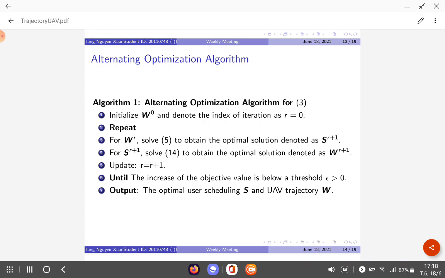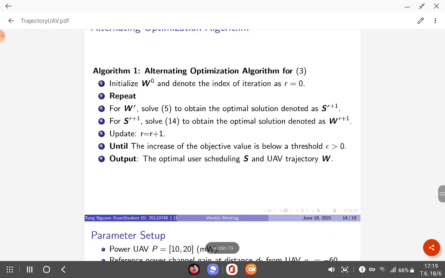Because for both subproblems I can find the optimal solution, when I solve one and fix the other variable, I can always improve the optimal value of the total sum rate. When the total achievable rate of all users cannot improve by a certain percentage, I will stop the algorithm.